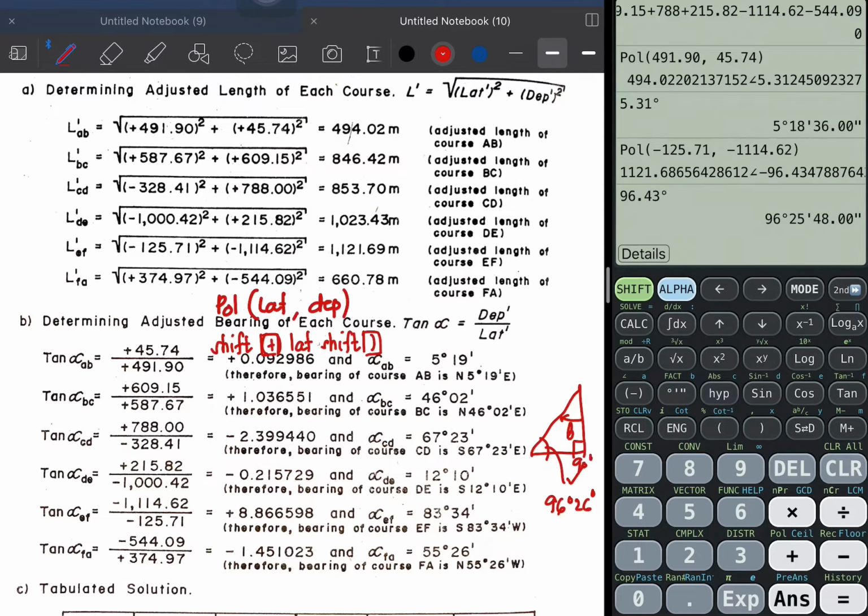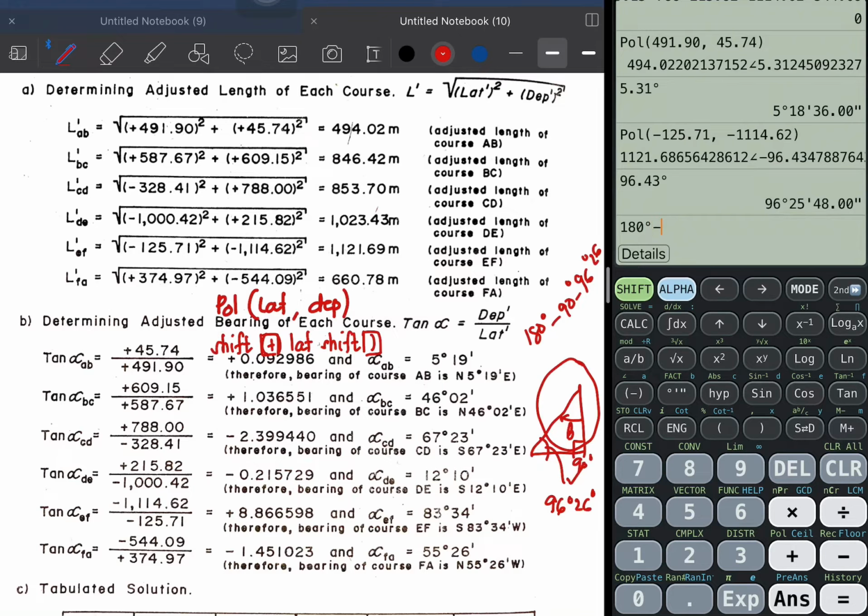So this is 90. So for this angle beta, that is 180 minus 90 minus 96 degrees 26.